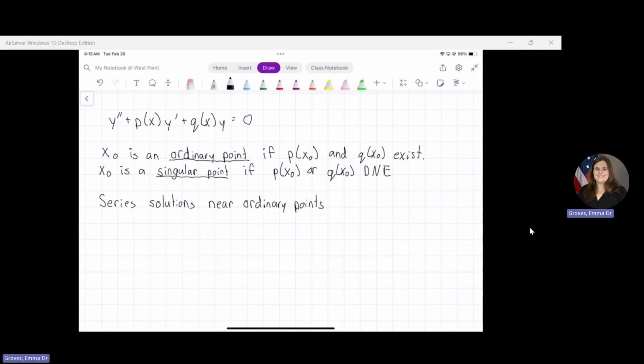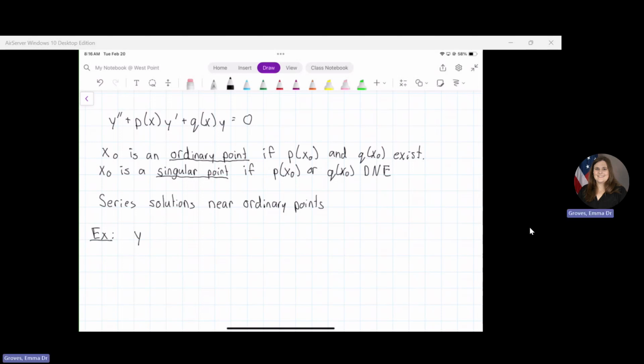So that example that we just did was not a differential equation, but we were able to find the Taylor polynomial near an ordinary point because the function existed at that point, right? So we're kind of just extending this idea of when our functions exist, can we find series solutions? So we are going to just learn by example today.